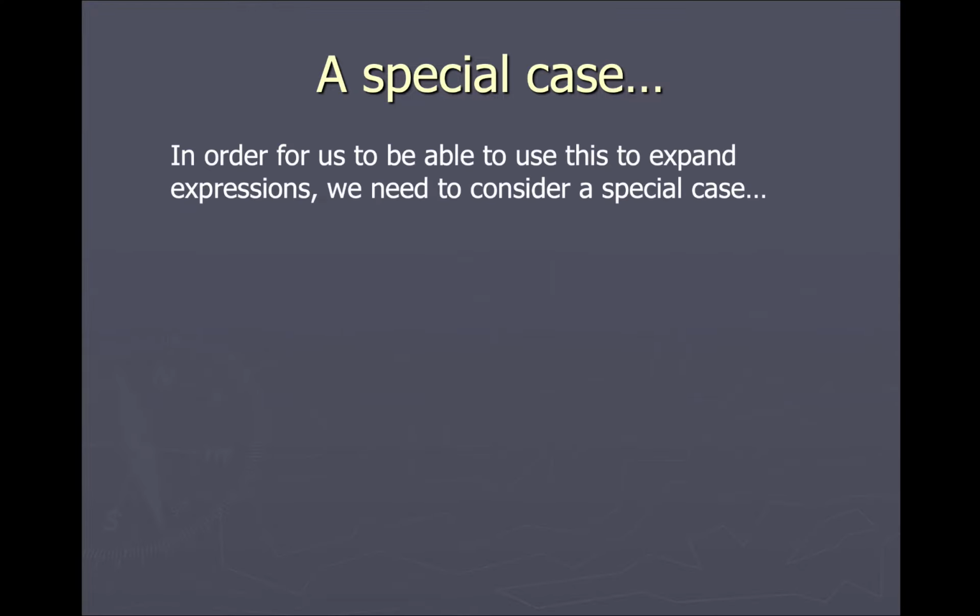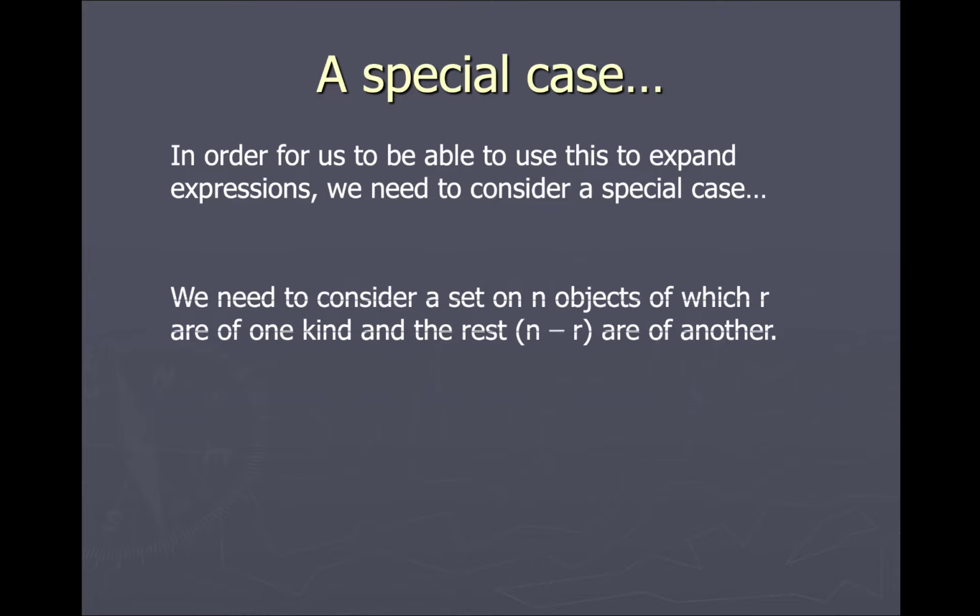We need to consider a special case. In order for us to be able to use this to expand expressions, we need to consider a set of n objects of which R are of one kind and the rest, which is n minus R, are of another.